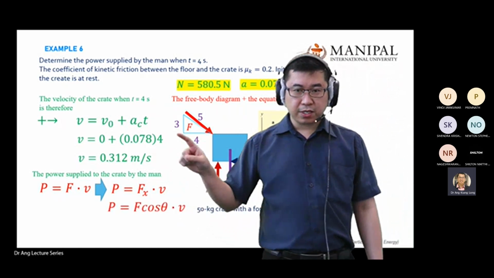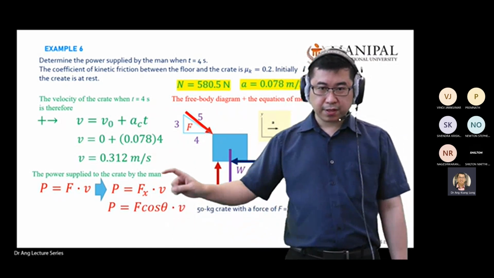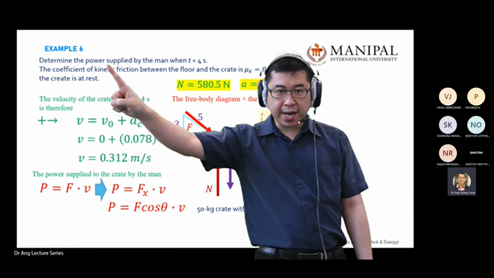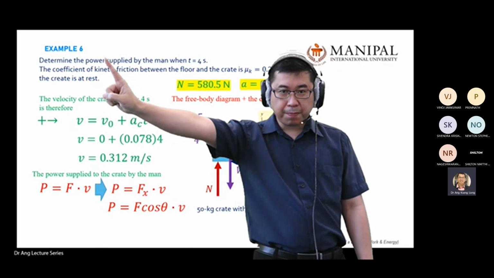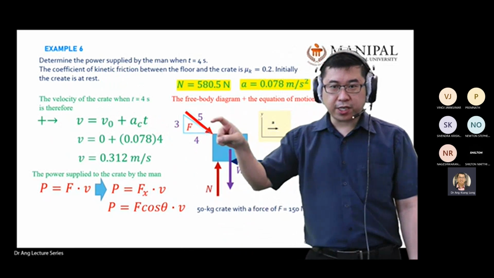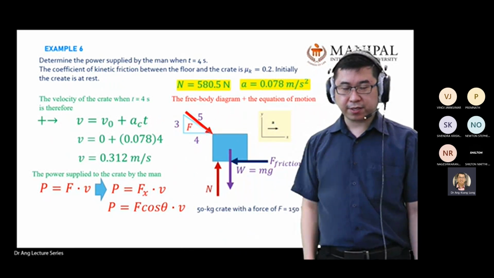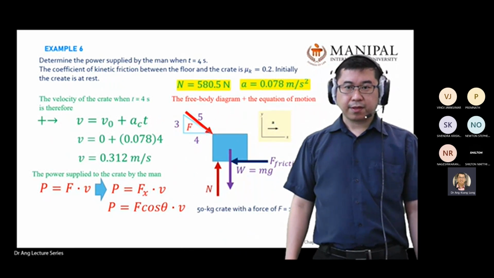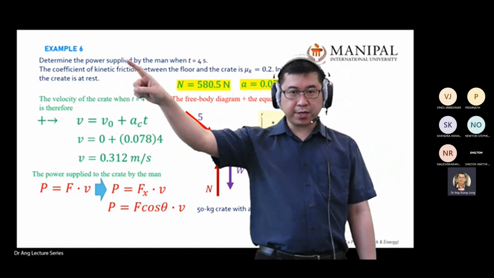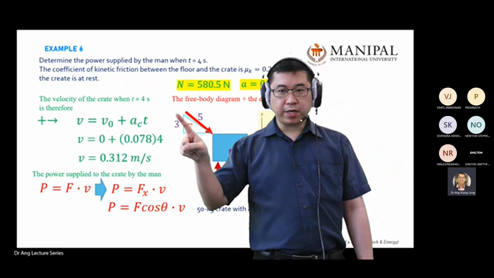Okay, so we take this force. The question asks you for the power supplied by the man, so we focus on this force rather than the other forces. Look carefully: the question asks about power supplied by the man, which is only the red arrow.